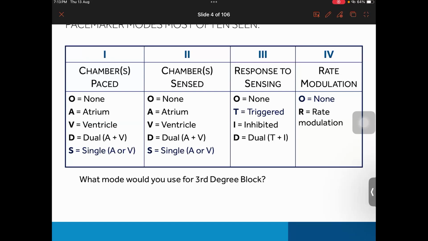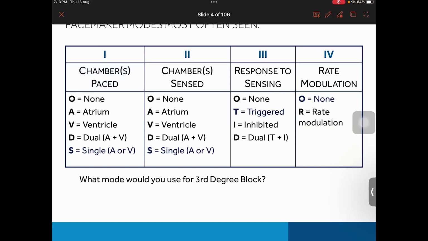Yes, clear, very good. In this mode ODO there is no pacing: O pacing, D sensing in the atrium and ventricle, and the third letter nothing, none. So this pacemaker only senses in mode ODO.